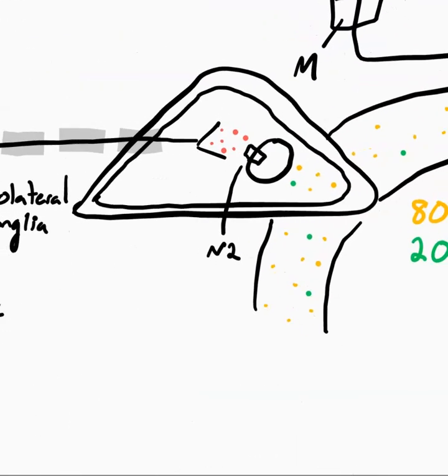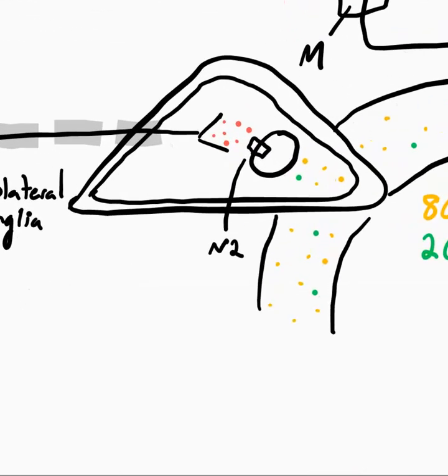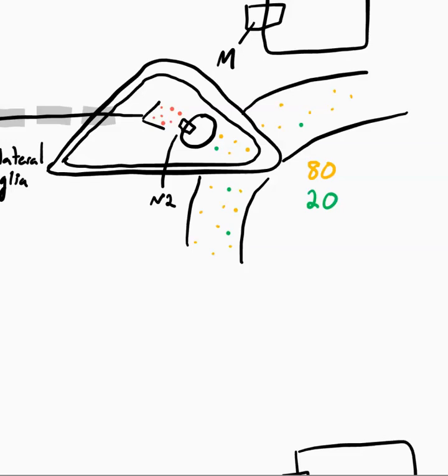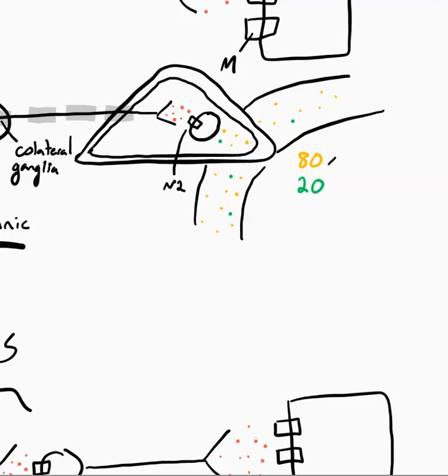And it also will release acetylcholine, but within the adrenal medulla there are cells that have nicotinic 2 receptors, which then produce mostly not norepinephrine, but mostly epinephrine, which then is released. So it's about an 80-20 ratio. So mostly epinephrine into the bloodstream, which will then go on to affect a variety of organs.